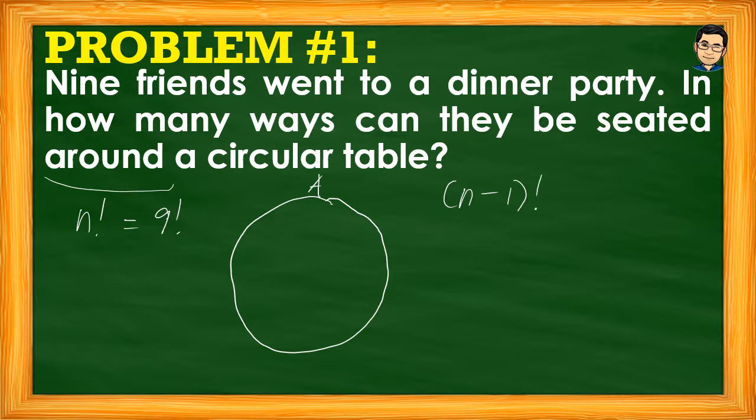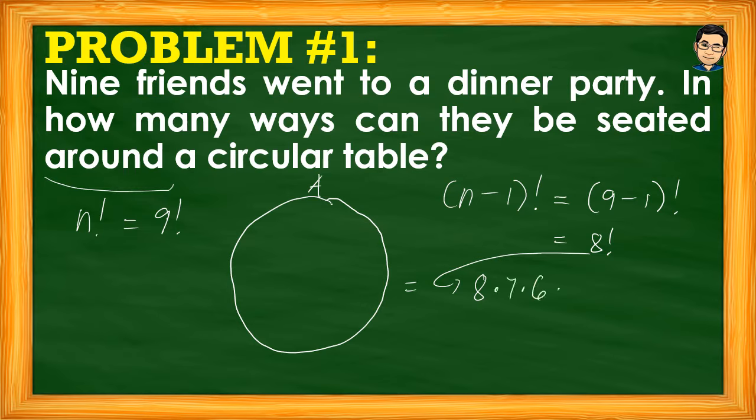Now, n is equal to 9. So, magiging ganito siya. The quantity of 9 minus 1 factorial, and that is 8 factorial. Ang gagawin lang po natin, express lang po natin 8 factorial as 8 times 7 times 6 times 5 up to 1.